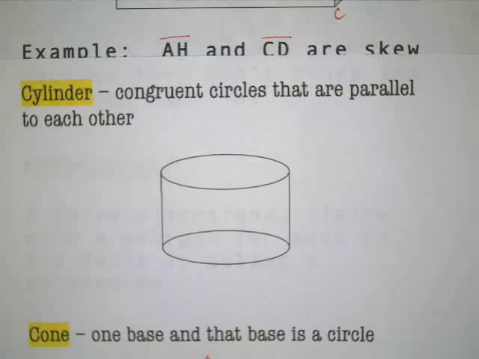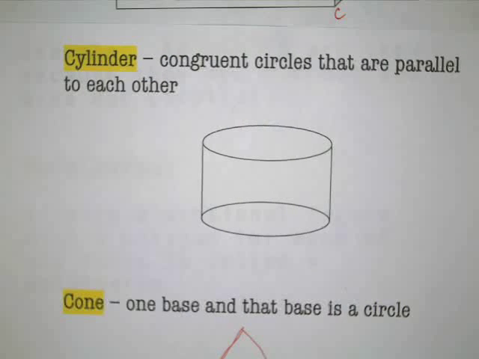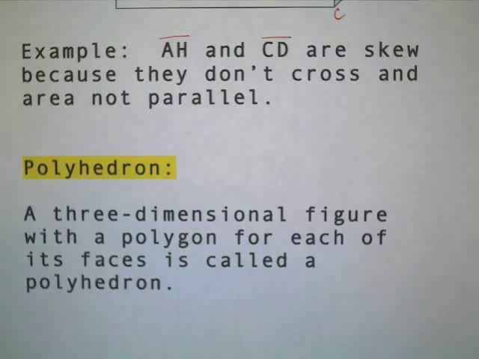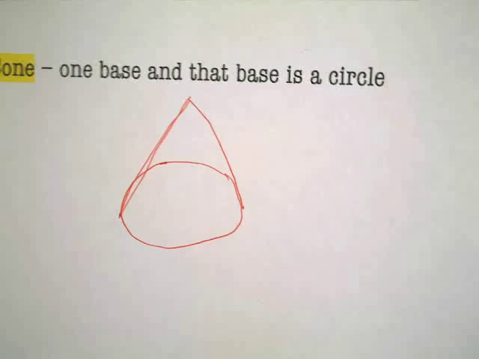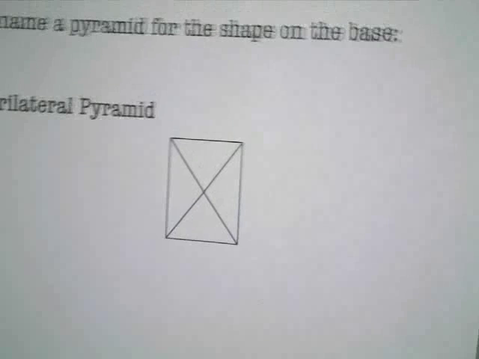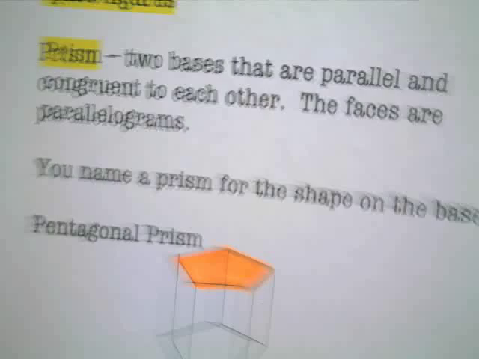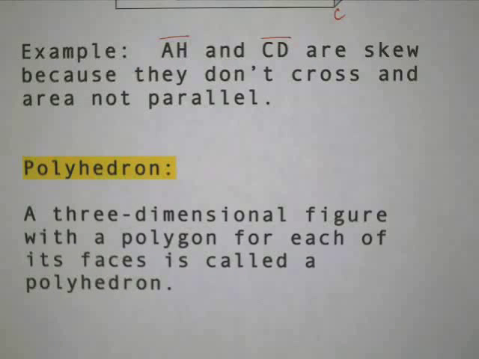No. It has to have a polygon. A circle is not a polygon. It is not a polyhedron. Come on, Katie. Is a cone a polyhedron? No. Is a pyramid a polyhedron? Is a prism a polyhedron? Does that make sense?